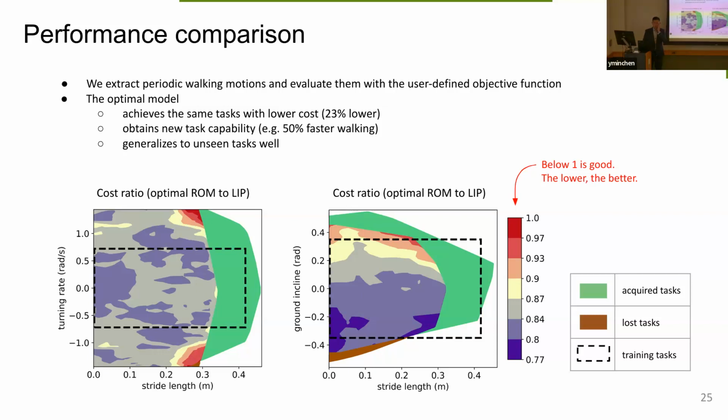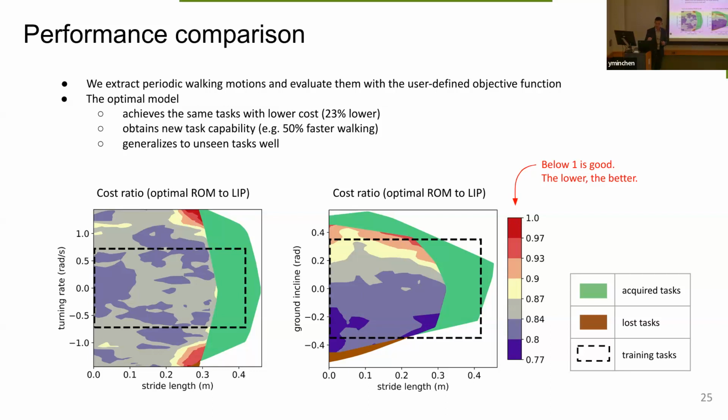The plots here are both showing the cost ratio of the optimal model to LIP, the initial model. If the value equals 1, it means the optimal model performs as well as LIP. If it's lower than 1, the optimal model performs better. We can see for the task regions I show here, the optimal model performs better than LIP everywhere.